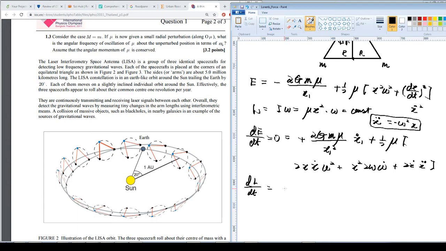So we need to do a product rule again: mu times 2x x dot omega plus x squared omega dot, and that's equal to 0. Therefore omega dot is equal to negative 2 omega x dot over x.